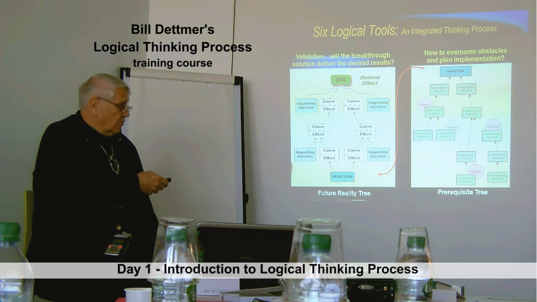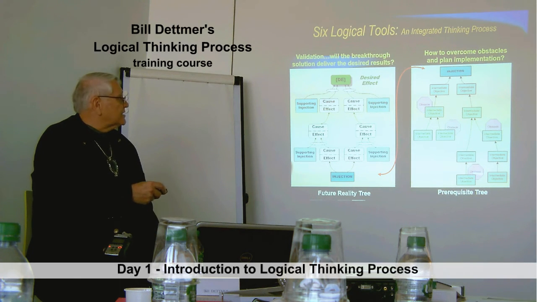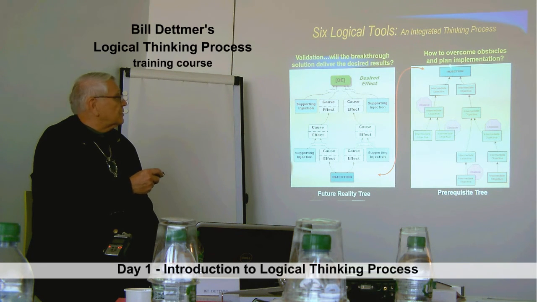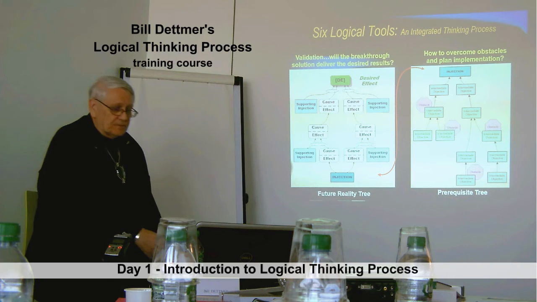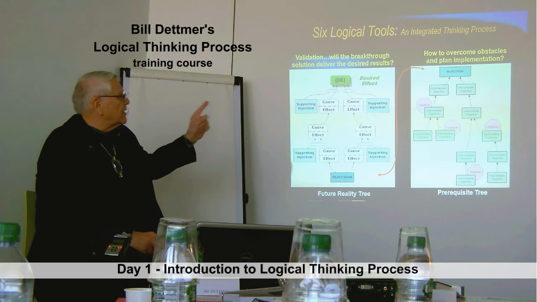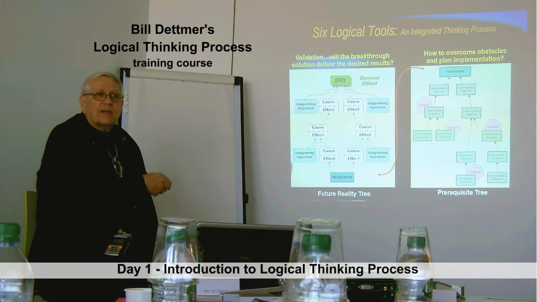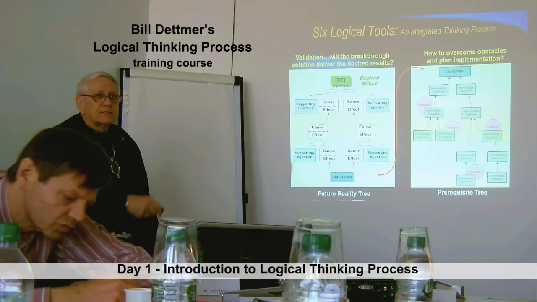So if you're going to try to execute something like implementation of a change, this is a really good tool to help you decide what has to be done, in what order, and what obstacles have to be overcome in order to get to that point. And that's the prerequisite tree, and that's its focus. This is your execution plan here. This is the concept verification. That's the execution plan.